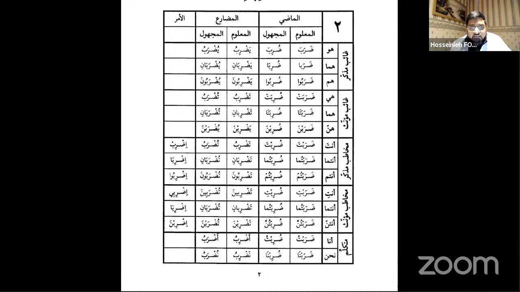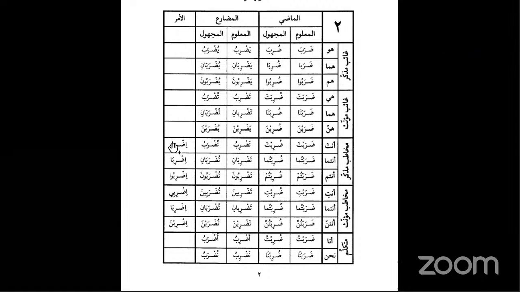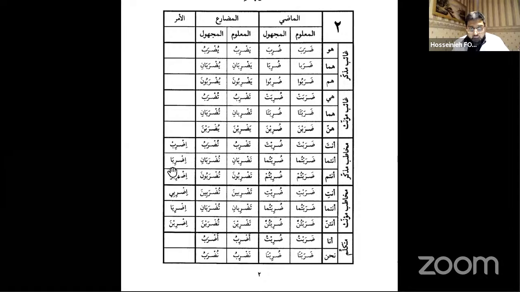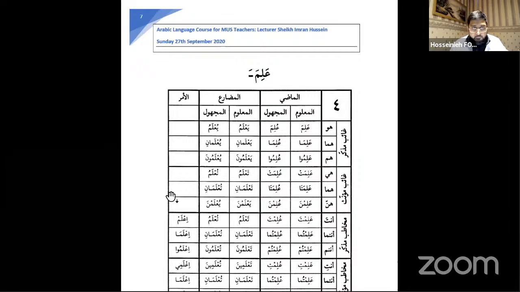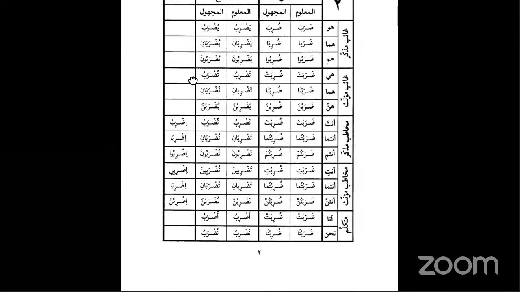Majzoom, okay, meaning that in the singular, as you can see, idrib, it has a sukoon at the end. And in the dual and the plurals, the noons have been dropped. And even in the singular of the female, the noon is dropped. Is that clear? Yep.